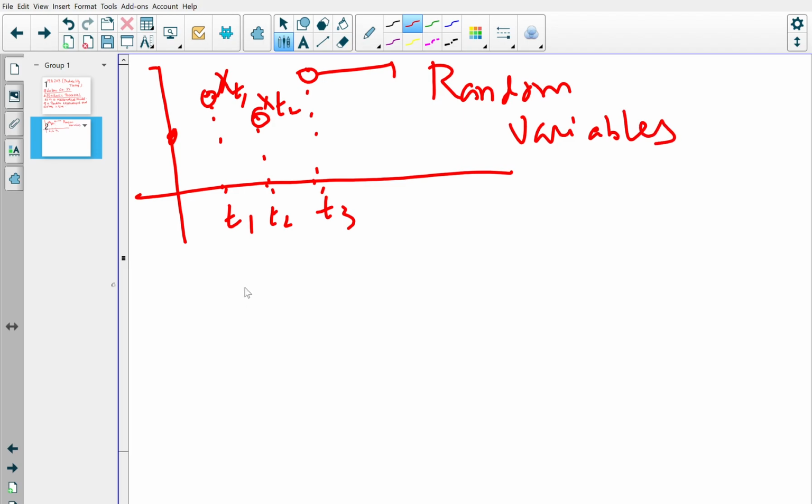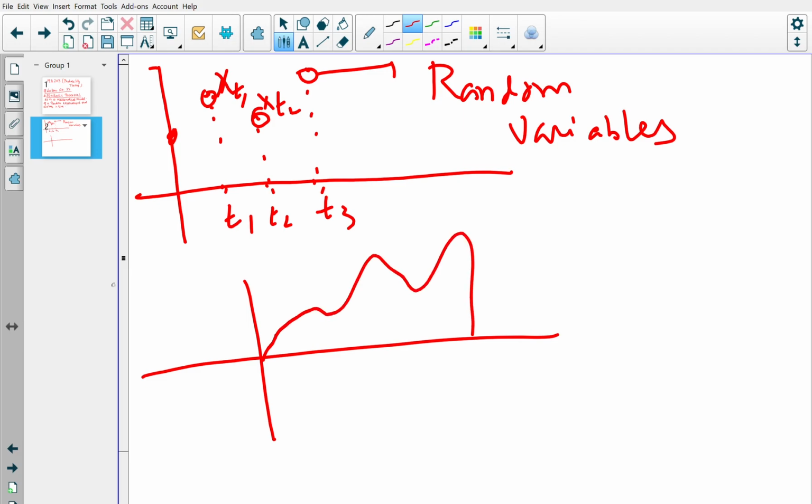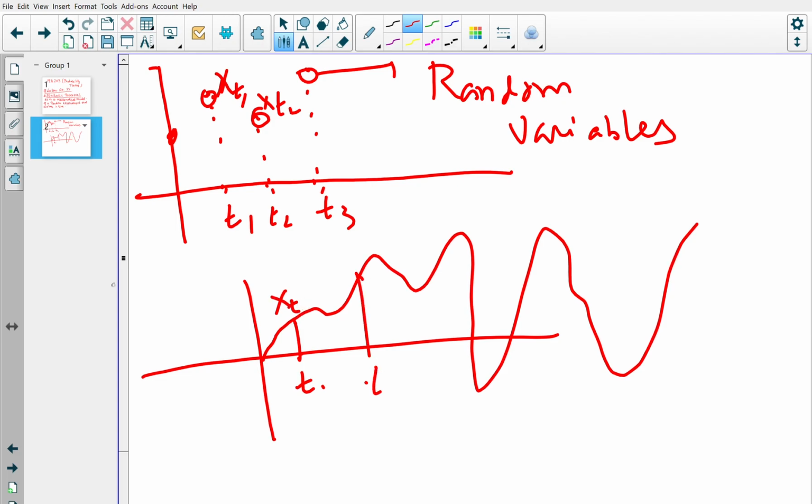Or you can have the time not discrete, but continuous, and you can have the values like something like this. So at time t, you'll have xt here. So these xt or xt dash are all random variables.